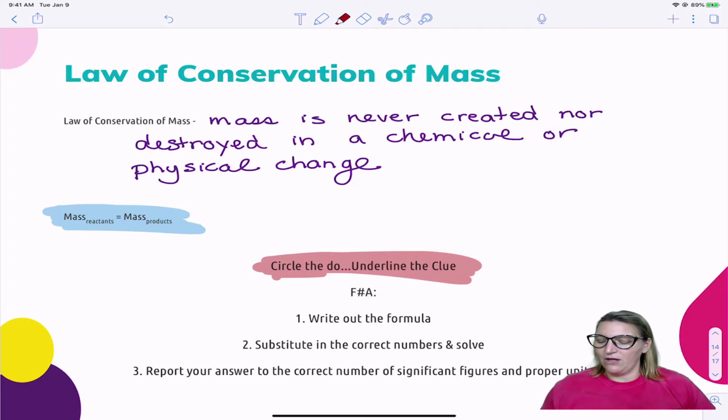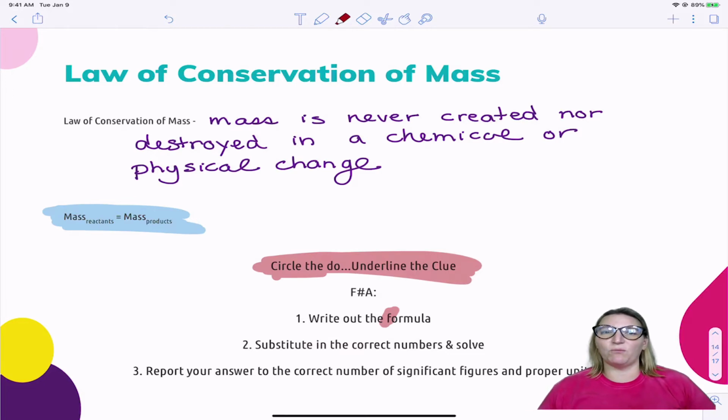And then again, you'll see this capital F and then the number sign and then A. And those are the steps for when you're using a formula, how to problem solve. So the F obviously stands for writing out the formula. Every single time you're doing a problem with the law of conservation of mass, you should write out the formula. Therefore, by the time the test comes around, you already know what the formula should be.